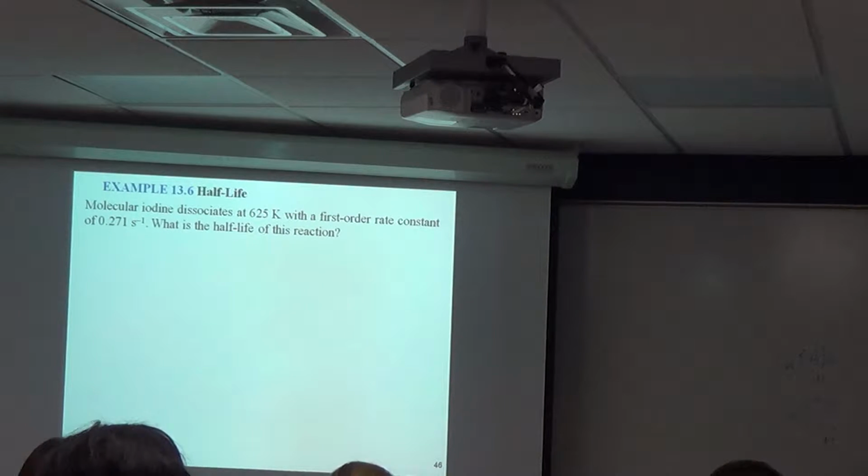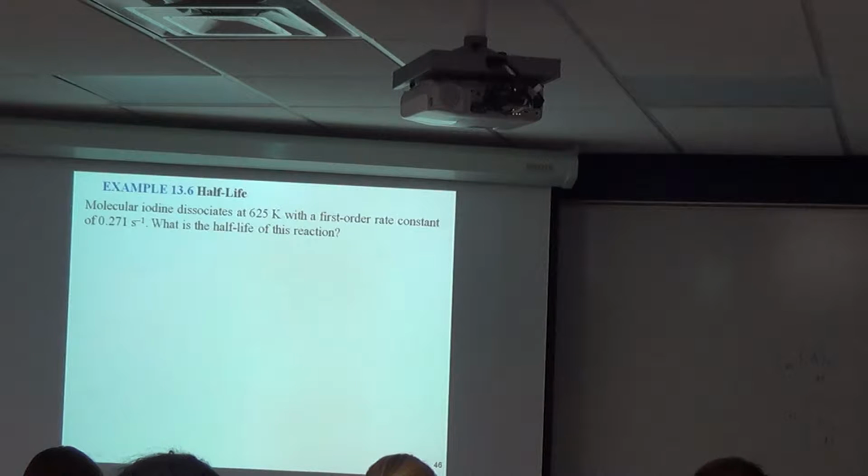So let's see, the molecule dissociated, this is the first order, and this is straightforward. I'll tell you the rate constant, and you just ask me what is the half-life. Okay? So for a second order, I must tell you what your concentration is, and then you can figure out what the half-life is. Right?